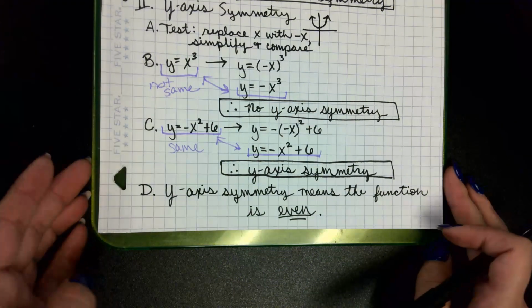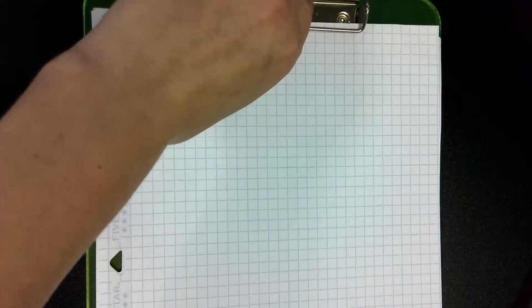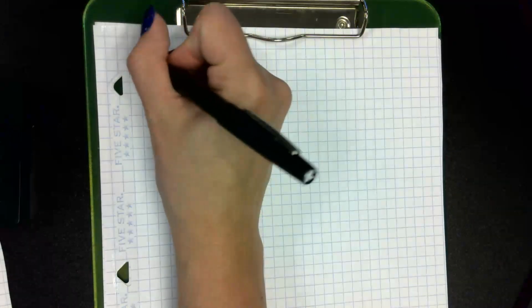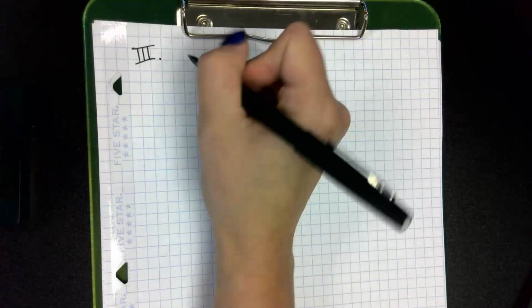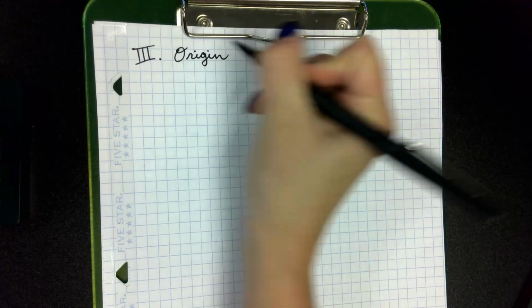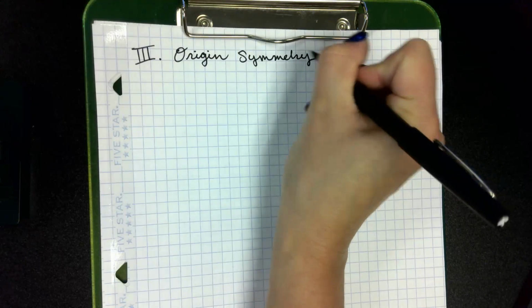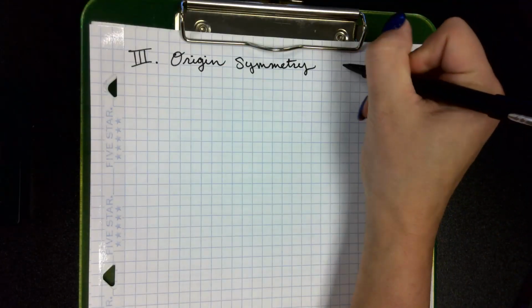Okay, so now one more part. We have part 3, one more type of symmetry. Part 3 is origin symmetry. I'm going to do 2 little sketches of what this might look like.